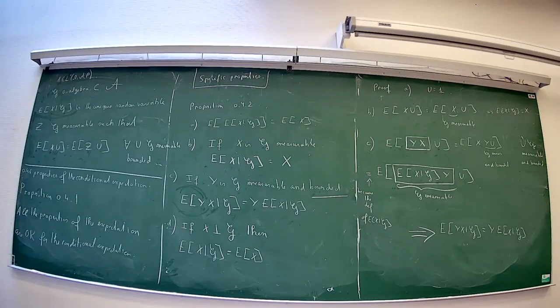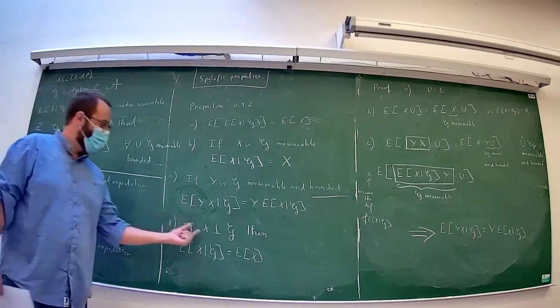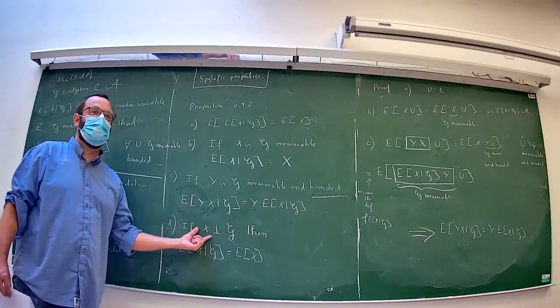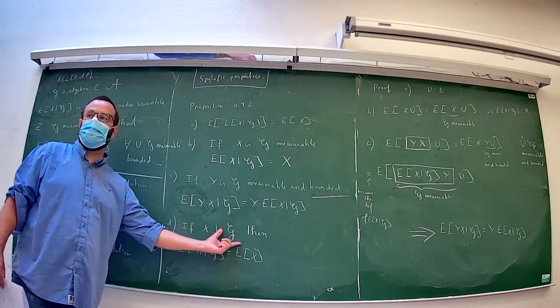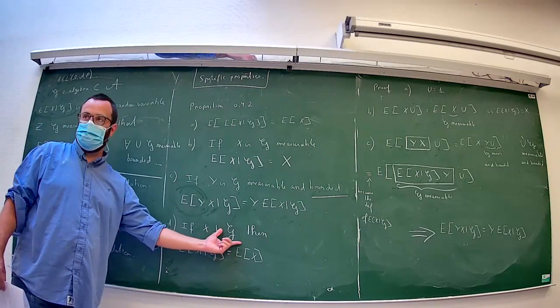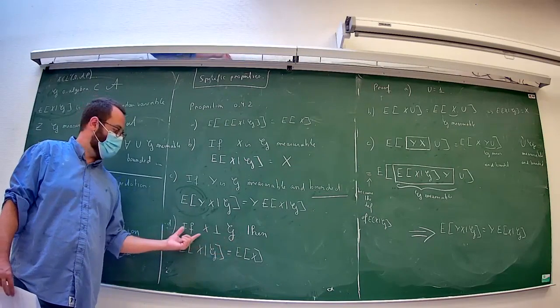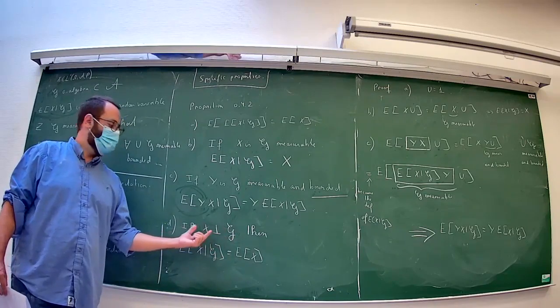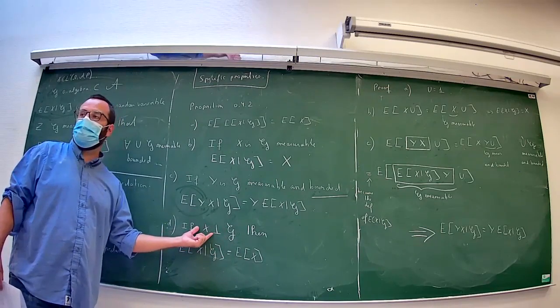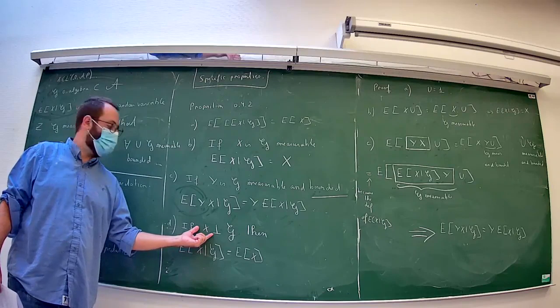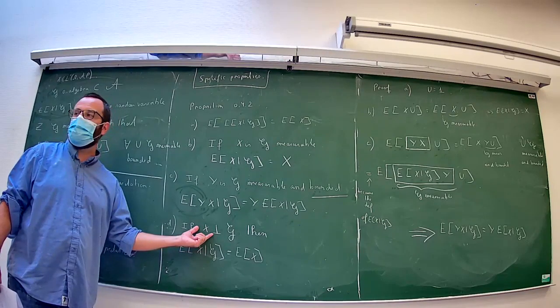So just a remark concerning my notations here. Here you have a random variable. Here you have a sigma algebra. The natural question is, what is the meaning of this one? But I have already said that for x, I have a natural associated sigma algebra, that is sigma of x.